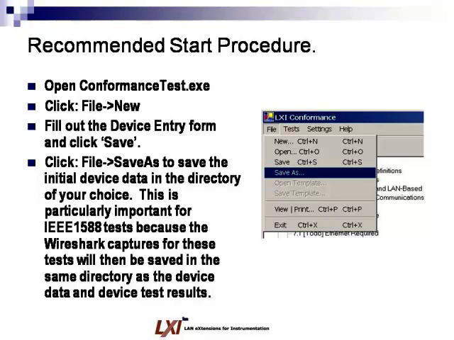This puts the initial device data in the directory along with a bunch of to-do type results, and allows the things that use Wireshark to be captured there in one place. Otherwise, it's going to end up being captured in the top level directory where you put the conformance test suite. And that's okay, it just may clutter things up a little bit and make it harder to find the data you want.